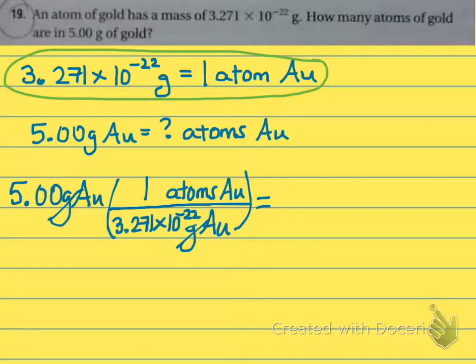You're going to take 5 and divide it by 3.271e negative 22nd to get your answer, because 3.271 times 10 to the negative 22nd is in the denominator.